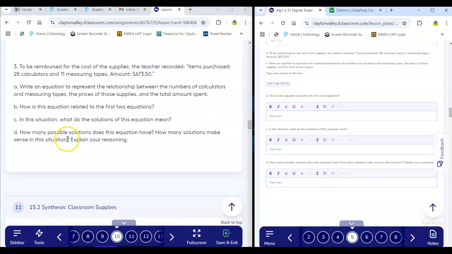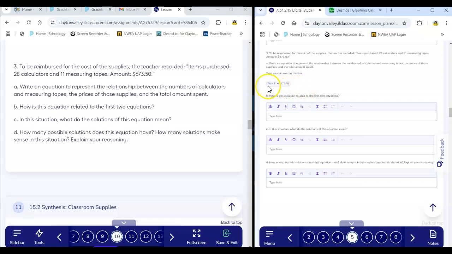But hopefully you realize that this is just the other two equations added together. And in this equation, what do the solutions mean? Once again, it hasn't changed. We're talking about calculators and measuring tapes. We know how much each one costs and we know how much money the teacher spent.